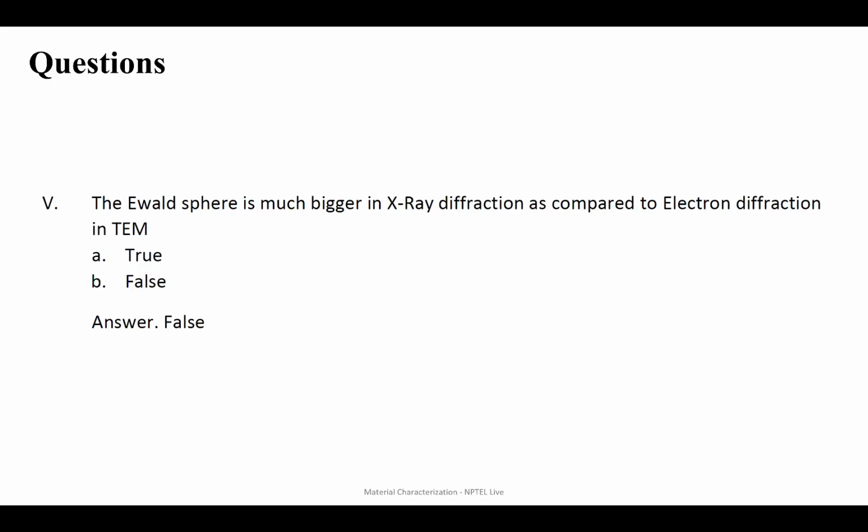So this is false because in X-ray diffraction the wavelength is much larger, so the Ewald sphere will be much smaller, because the Ewald sphere radius is proportional to 1/lambda.